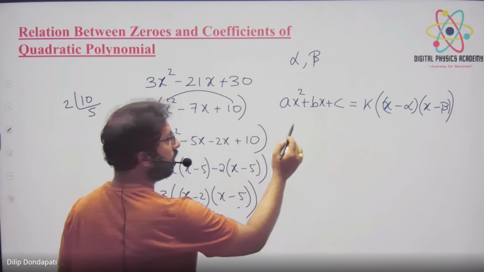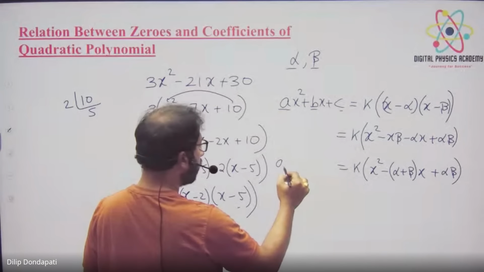So k times of x square minus x into beta is minus x beta, minus alpha x, minus into minus plus alpha beta. So it is equal to k times of x square, taking common minus x, alpha plus beta times of x, plus alpha beta.